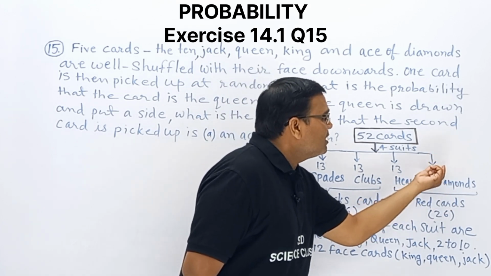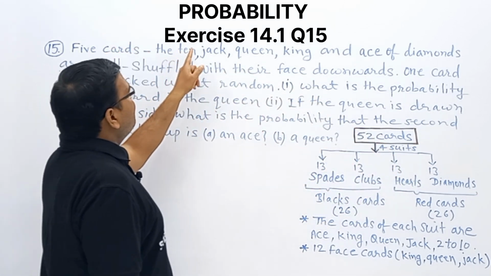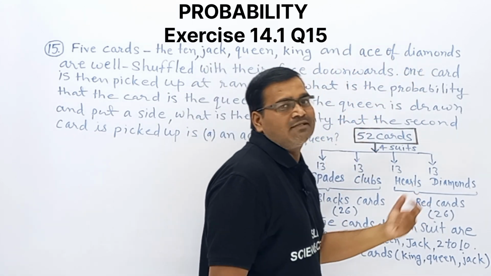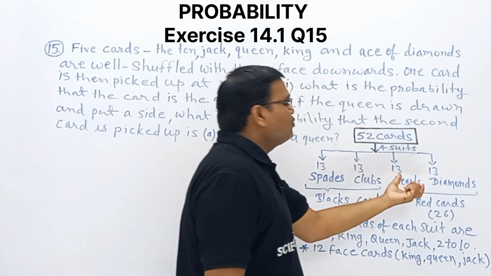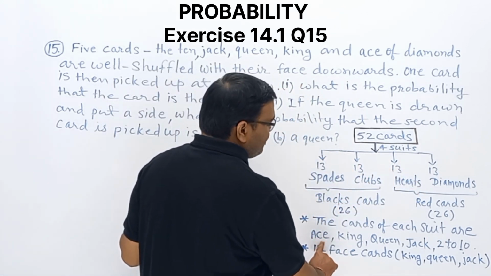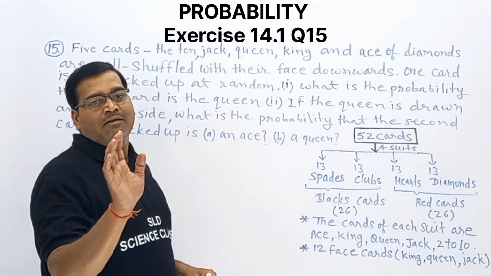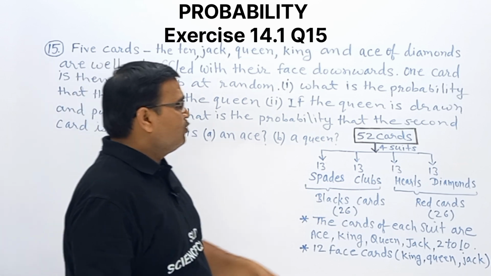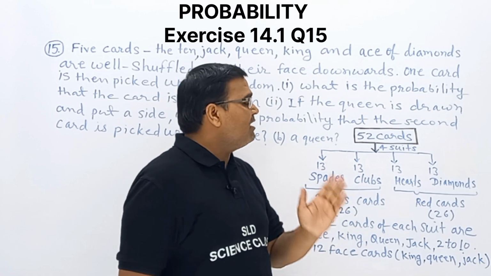Out of these 13 cards, 5 cards are 10, Jack, Queen, King and Ace of Diamonds. In each suit we are having 13 cards: Ace, King, Queen, Jack and the remaining 9 are numbered cards, 2 to 10: 2, 3, 4, 5, 6, 7, 8, 9, 10.